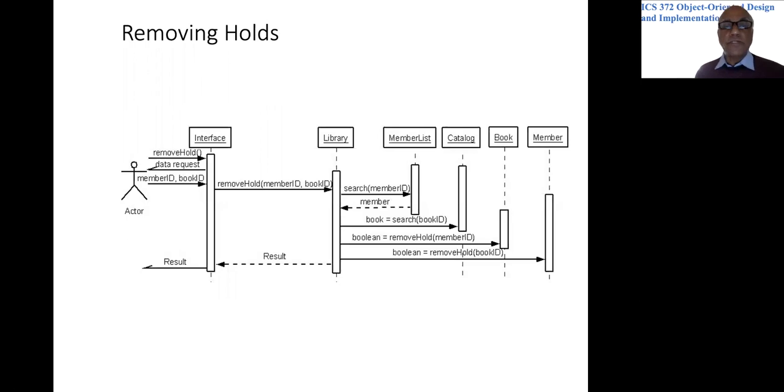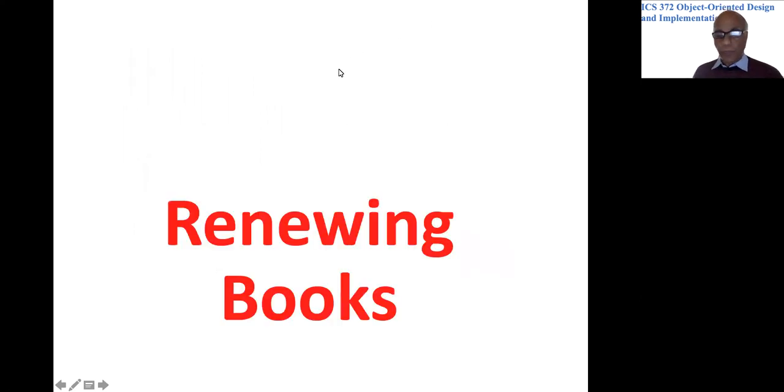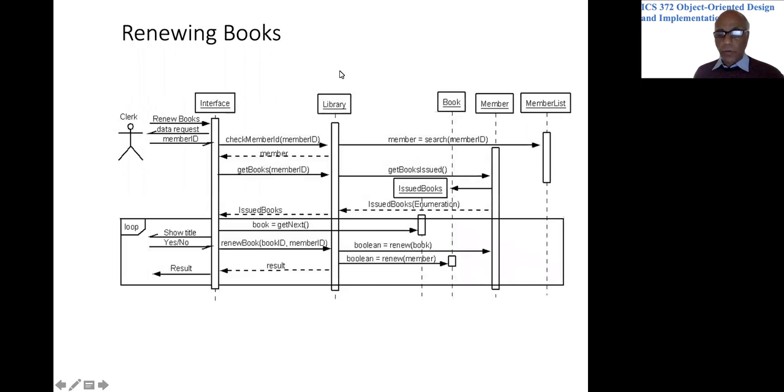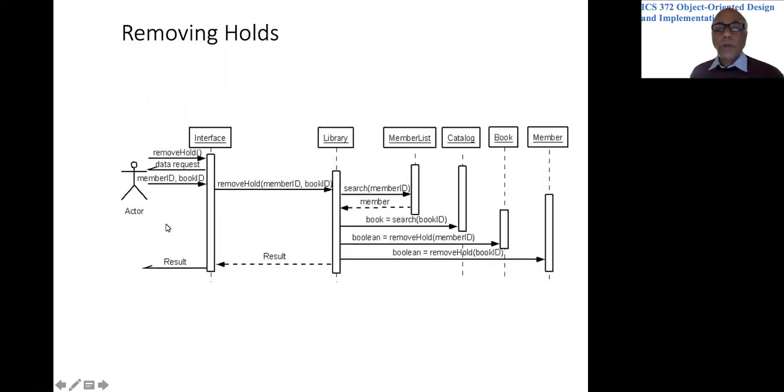Finally, for this video, the removal of holds. We have to remove one hold, that is for a specific member and a specific book. So the actor requests to remove the hold. The interface asks for the member ID and book ID.